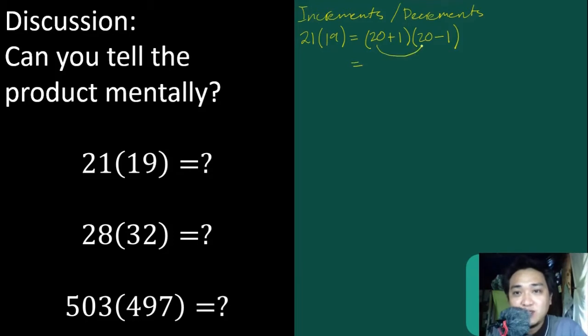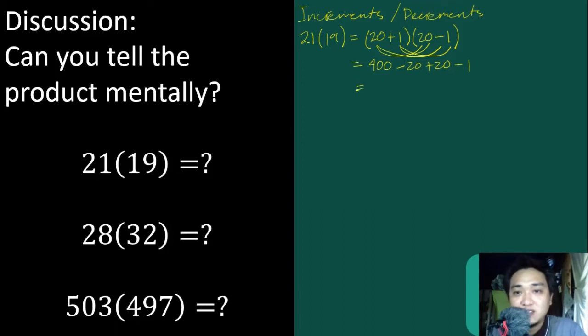20 times 20 is 400. 20 times negative 1 is negative 20. 1 times 20 is positive 20. And 1 times negative 1 is negative 1.